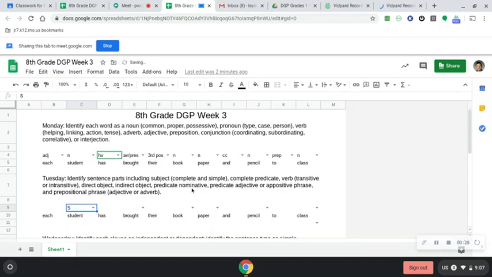Okay. So once we have our simple subject, now we know that our simple subject isn't our complete subject. So we have to do our single underlining, right? What is going to be our complete subject then? Is there anything that modifies student?